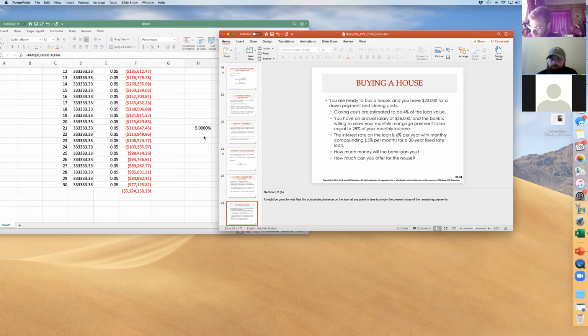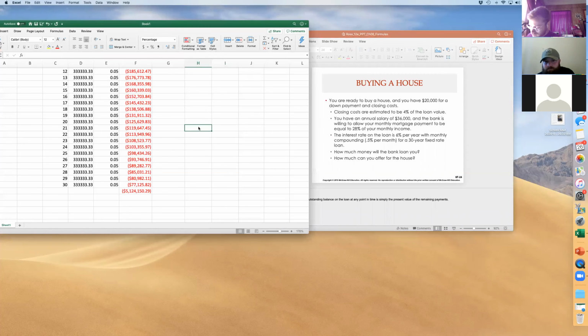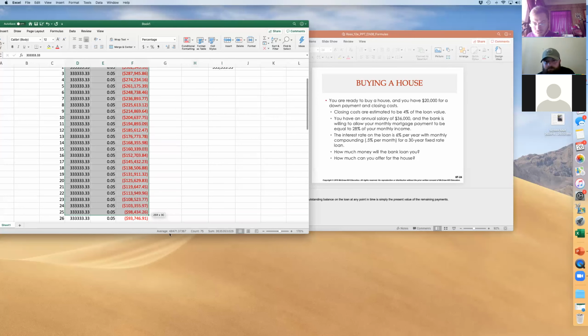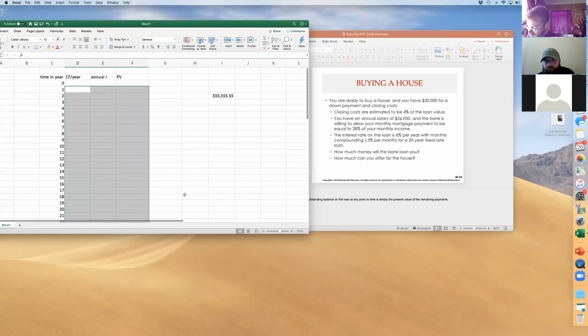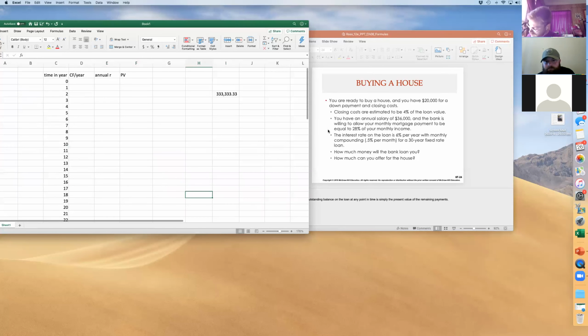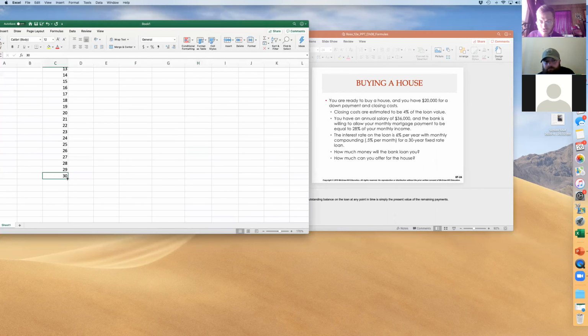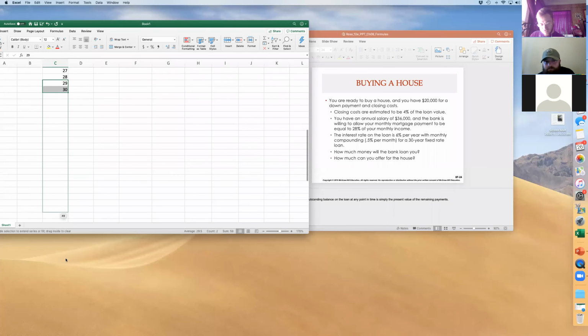Okay, we've got some ciphering to do first of all. So let me get rid of this table, get us in a new table. So it looks like we've got a 30-year fixed rate loan, and it's going to be paid monthly though. All right, so I'm not dealing with just 30 years here. I'm going to be dealing with 360 months. So I need to change my timeline here to go all the way out to 360.